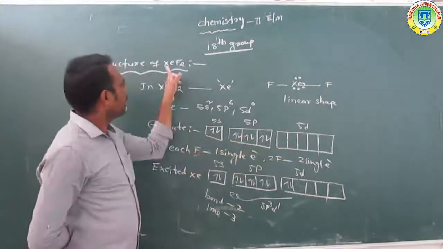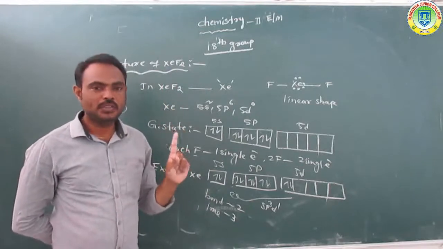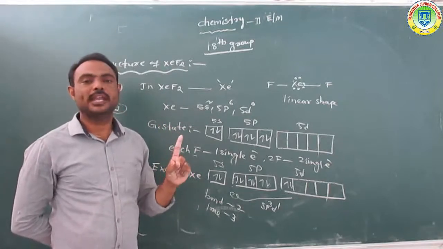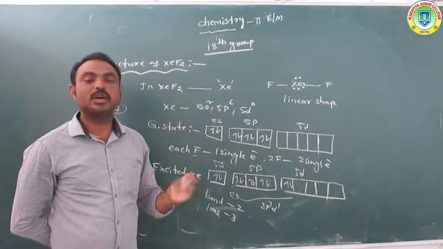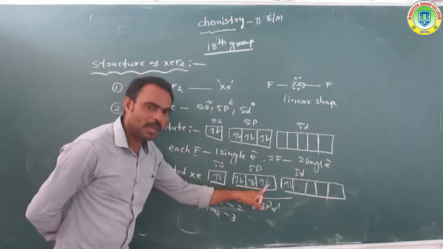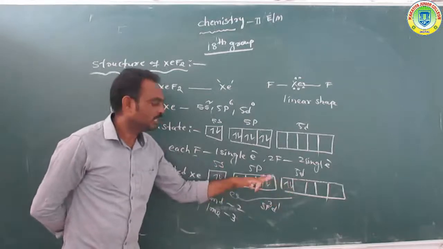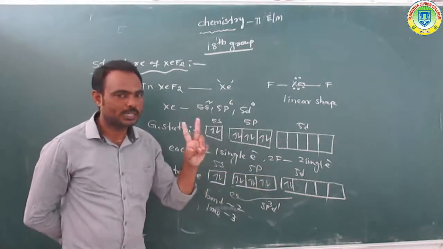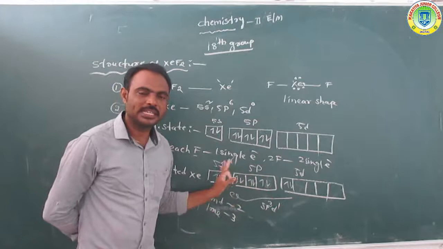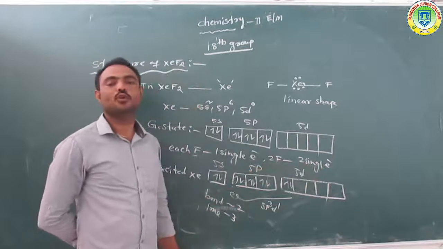So in XeF2, how many fluorine atoms? 2 fluorine atoms, each containing 1 single electron, so 2 single electrons. We require an excited state. In the excited state, 1 electron of the 5p orbital jumps to the 5d orbital, so the first excited state contains 2 single electrons. These bond with the 2 single electrons of the 2 fluorine atoms to form XeF2.